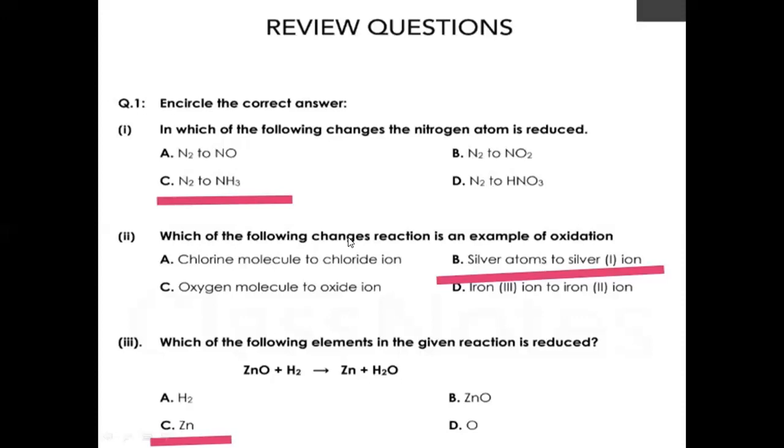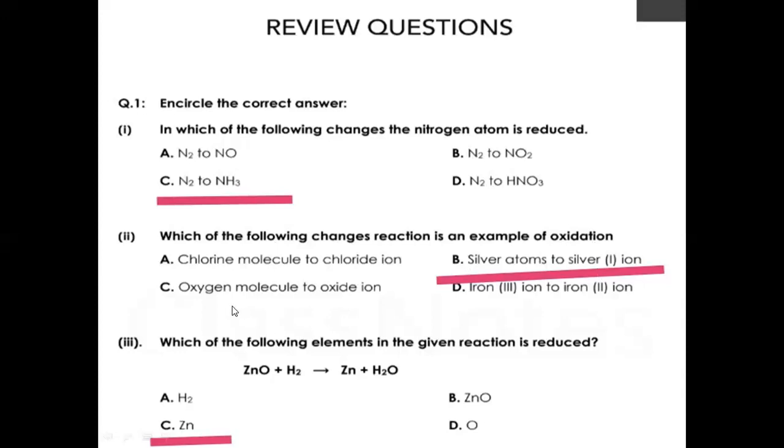Number two: which of the following reactions is an example of oxidation? Chlorine molecule to chloride ion: chlorine molecule is 0 and chloride ion is -1, so from 0 to -1 is reduction because the oxidation state decreases. Silver atom to silver ion: silver is 0, silver ion is +1, so from 0 to +1 is oxidation because the oxidation state increases.